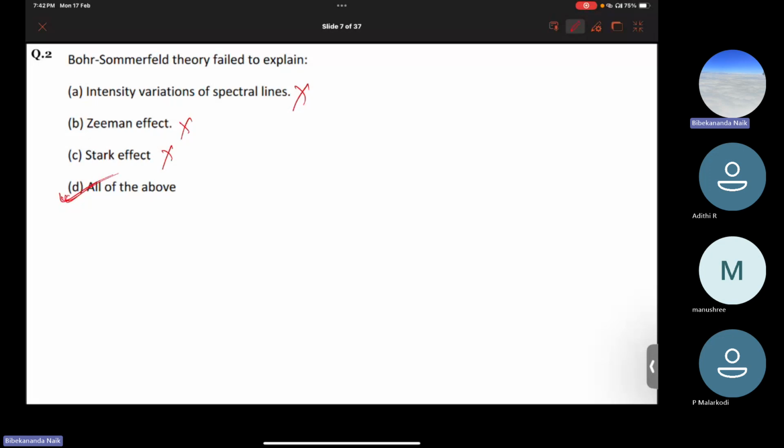And if you talk about some other demerits or disadvantages of Bohr-Sommerfeld theory, can anyone tell me, other than these three disadvantages, what are the other disadvantages?